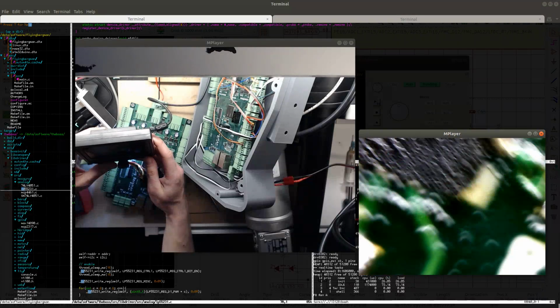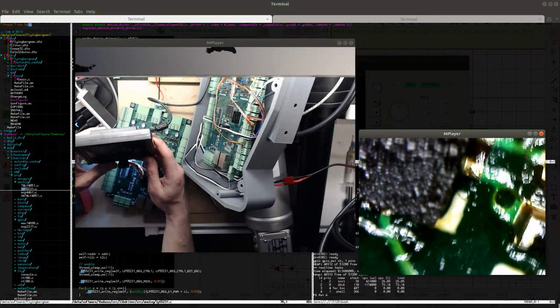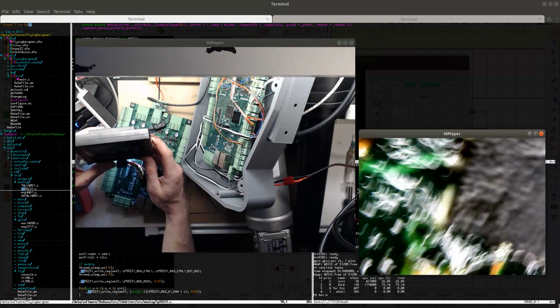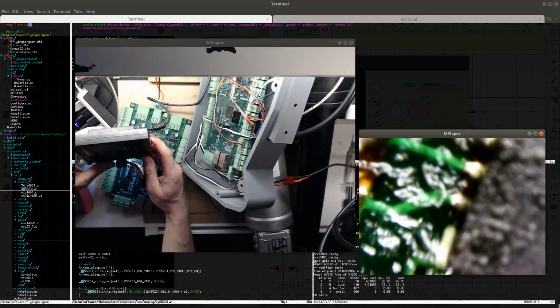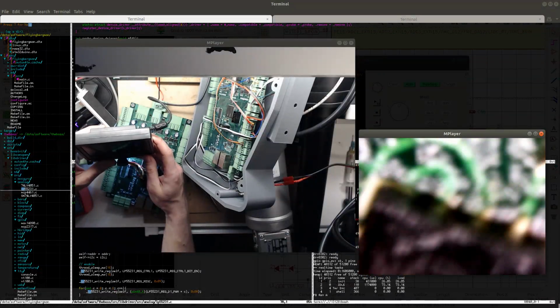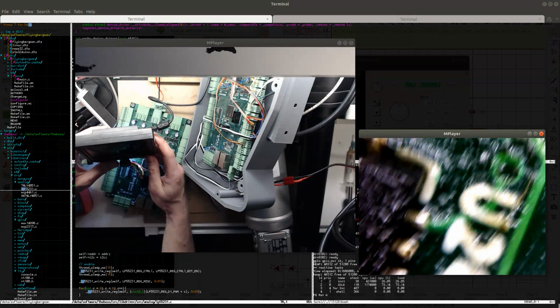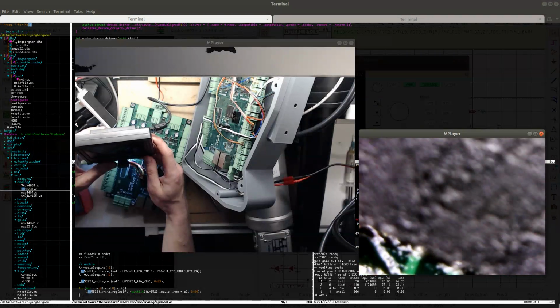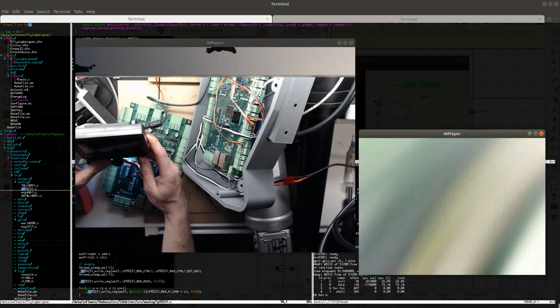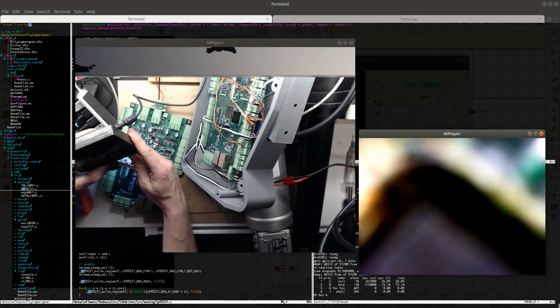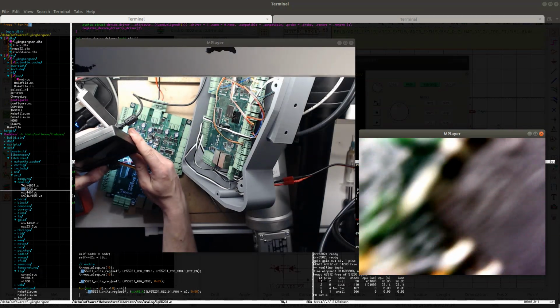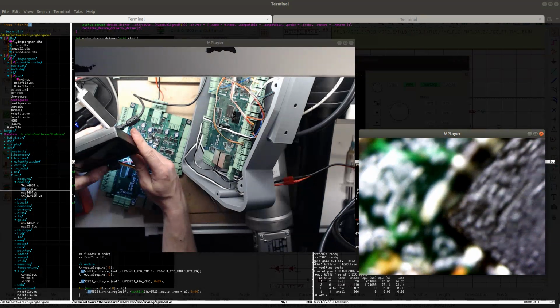And the pin marker should be here. Is this where the pin marker is? Where's the pin marker? It should be there, so it seems that it's correct. Yeah, this is the pin marker.